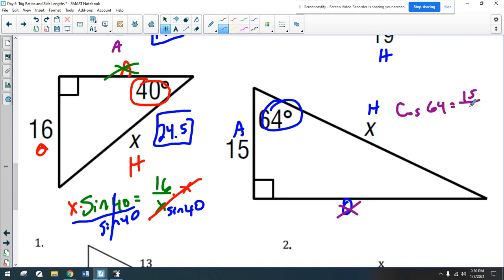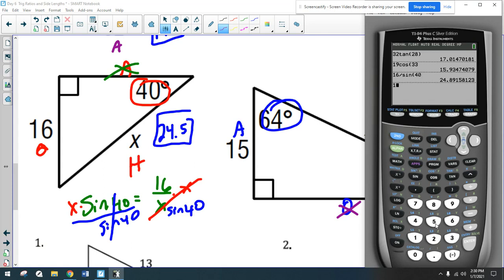So 15 over x. Again, you don't have to go through these steps. If you've got the x on the bottom, just swap these. So if I swap them, it's going to switch around to this. And then I just need to plug in 15 divided by the cosine of 64. And that's going to give me about 34.2 for this one.